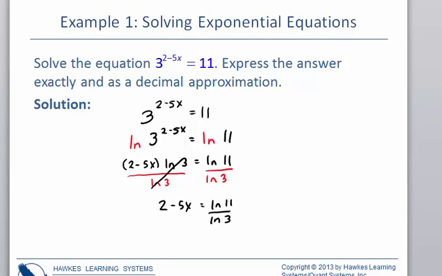Continuing to solve for x, we're going to subtract 2 from both sides, which will give us negative 5x is equal to natural log of 11 divided by the natural log of 3 minus 2. And then the last step is to divide both sides by that negative 5.